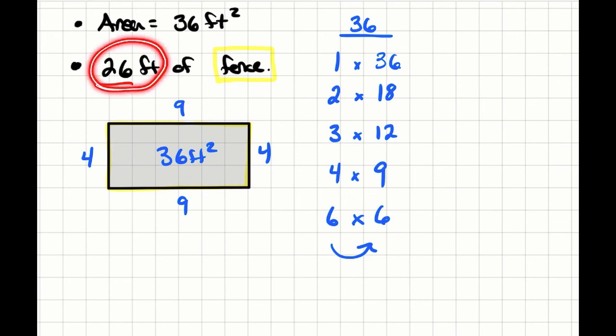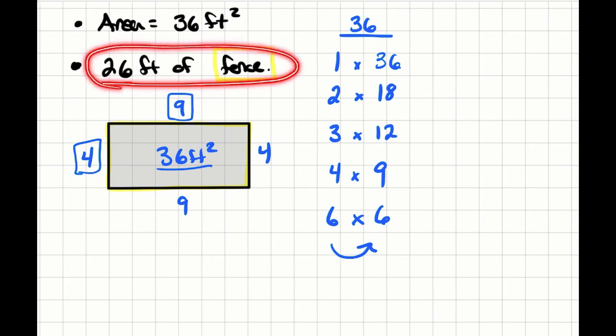So 26 feet of fence. So these must be the dimensions that we were looking for. This mystery box has the dimensions of 4 feet by 9 feet, has an area of 36 feet squared, and to put a fence around this would take 26 feet of fence.